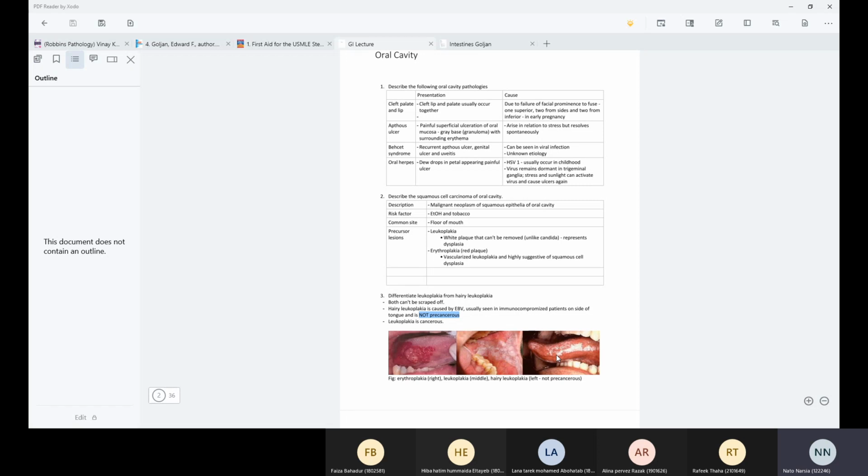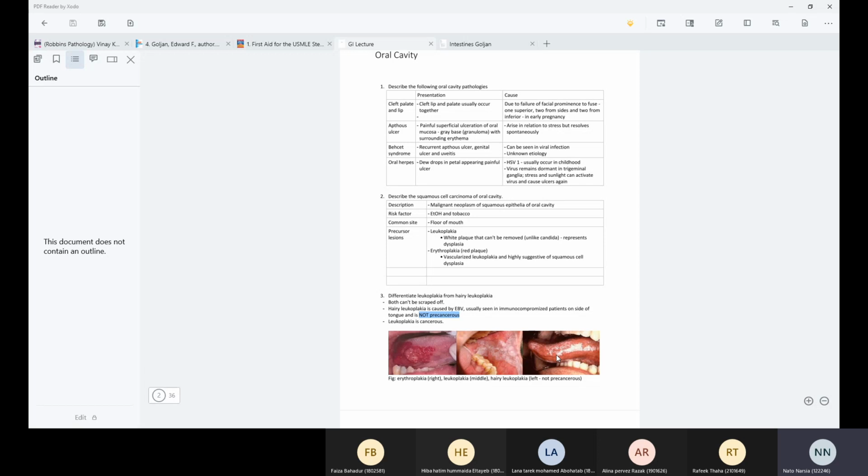Why is it important? Hairy leukoplakia is not precancerous, but in dysplasia the white plaque usually cannot be removed, we cannot scrape it away. That means it is dysplasia, and dysplasia is a precancerous condition. It will lead to squamous cell carcinoma.